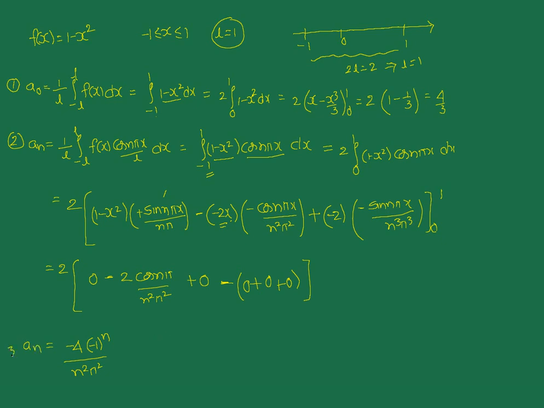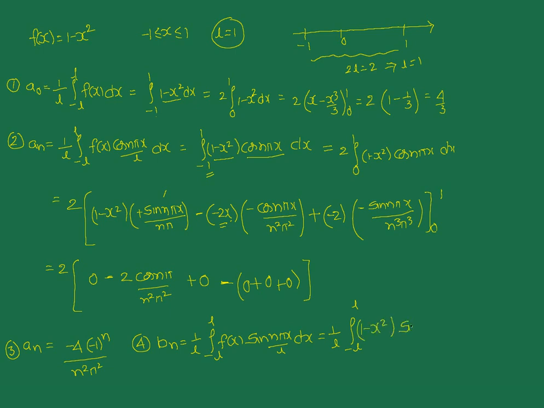Similarly you have to find out the bn value. So how can we find bn? Bn is equal to 1 by L integral minus L to L of f of x into sin n pi x by L dx, where f of x is 1 minus x square.